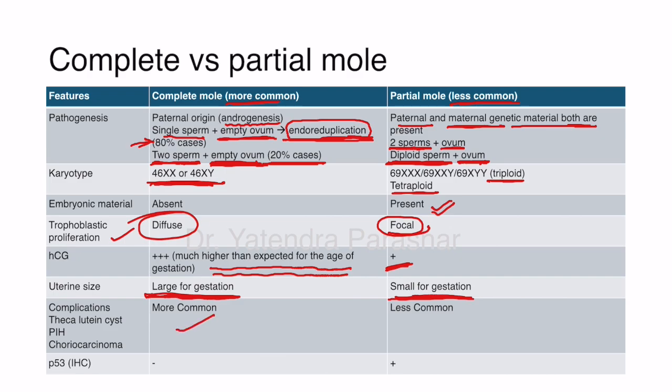Complications are more common in case of complete mole, such as theca lutein cyst, pregnancy-induced hypertension, and gestational neoplasms like choriocarcinoma, and these are less common in partial moles. Immunohistochemistry for P53 is positive in partial moles and negative for complete moles.